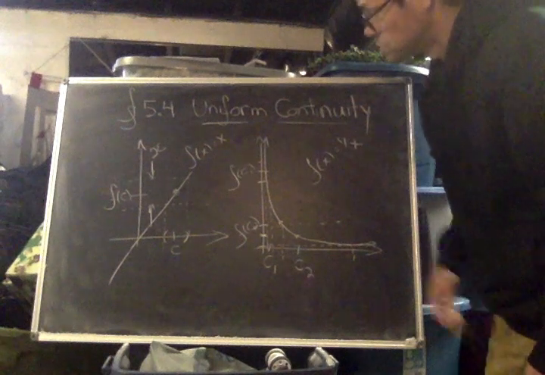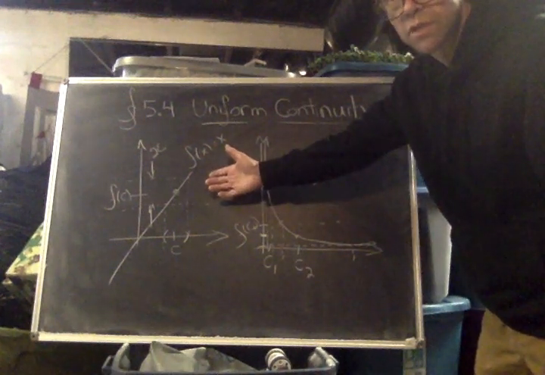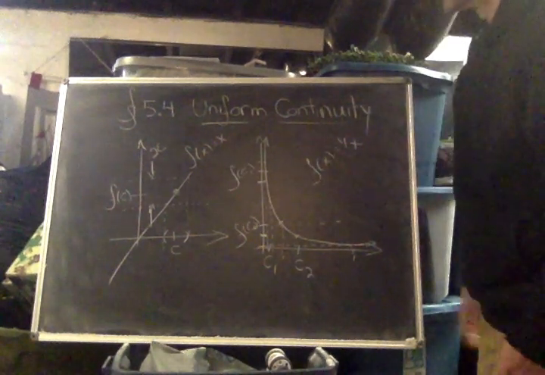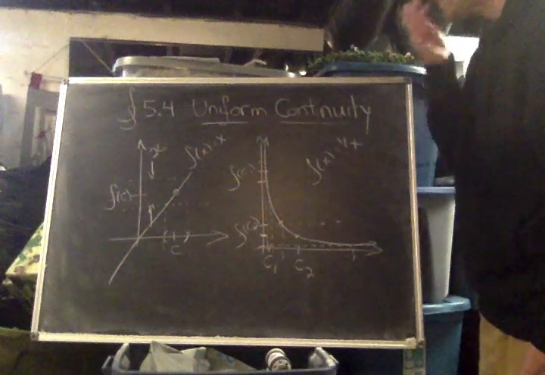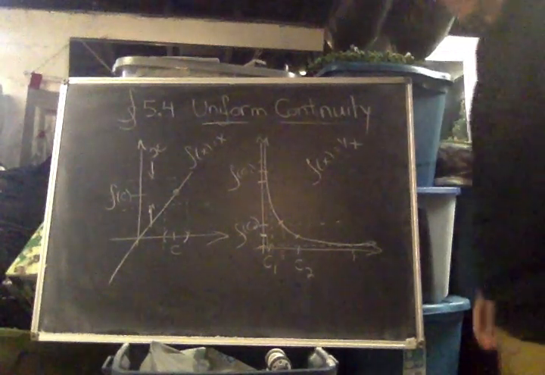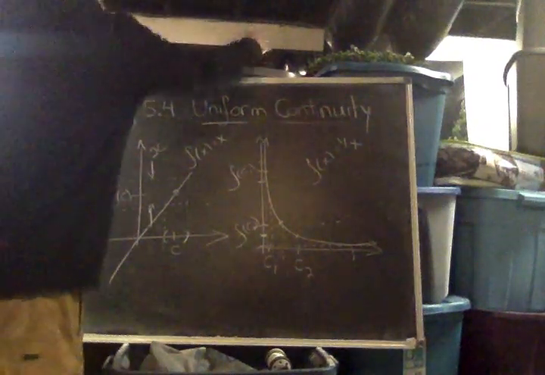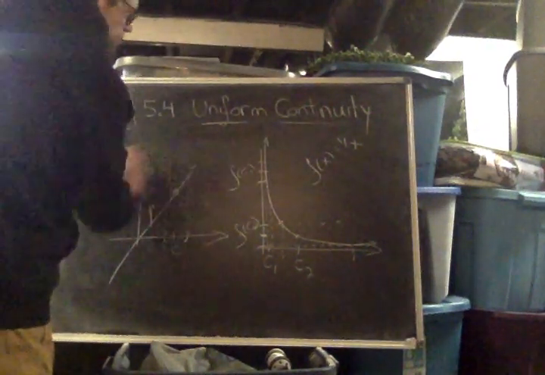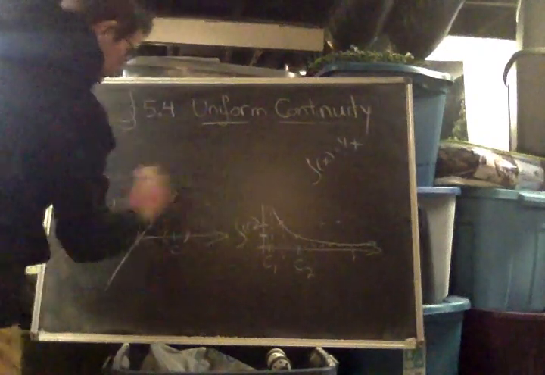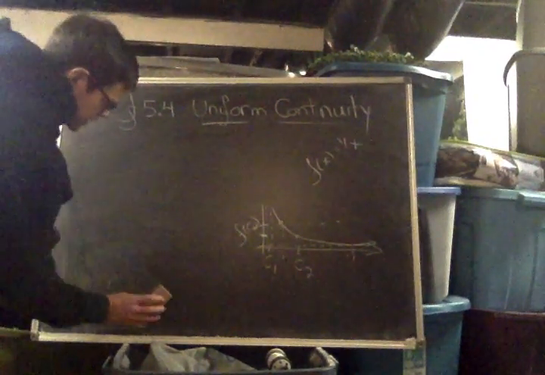And that is the difference between a uniformly continuous function and a not uniformly continuous function. So again, let me write down, well, I don't think I even did in the first place, let me write down the formal definition here for uniform continuity.